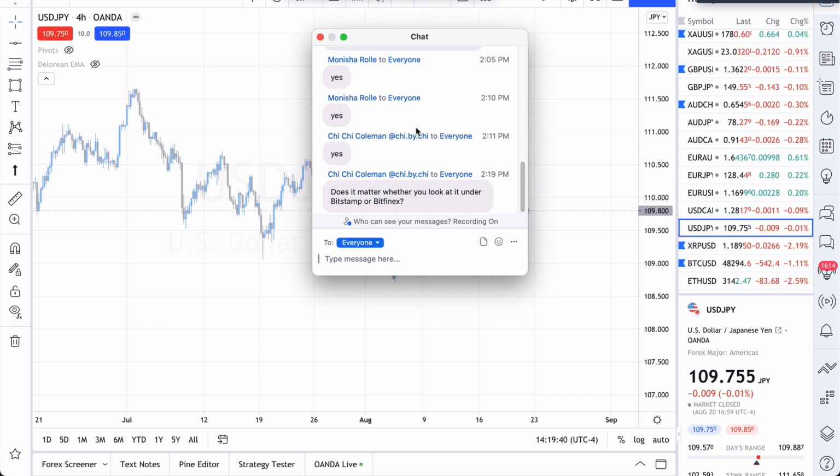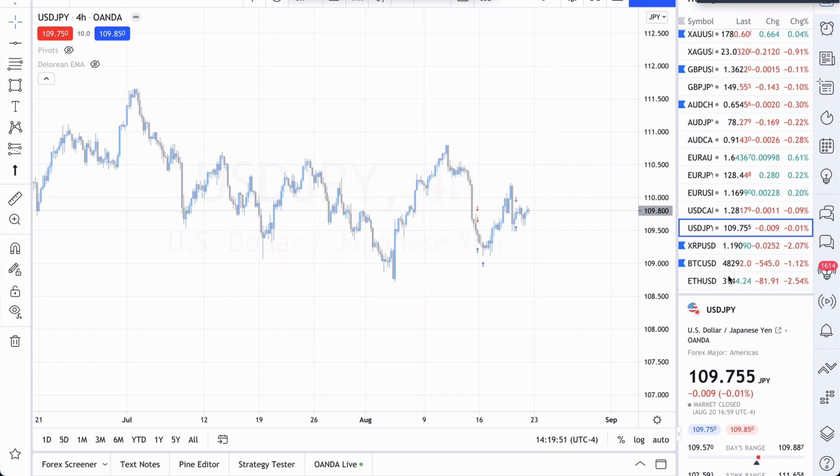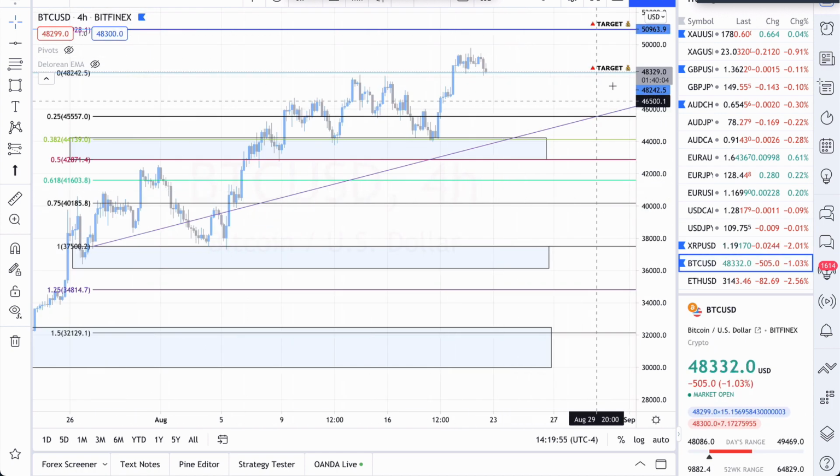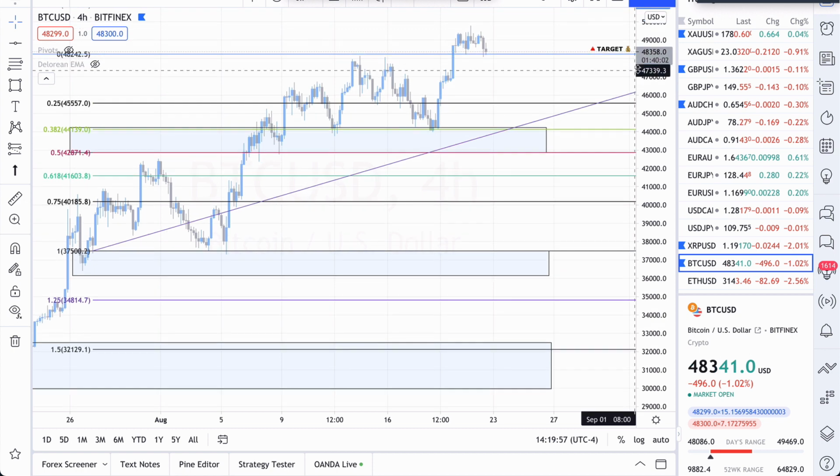Does that make sense? So let's look at the two. Let's go to Bitcoin. Right now I'm on Bitfinex. The value on Bitfinex is around 48,350 to 48,360.